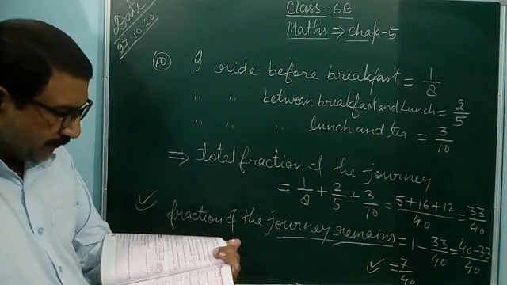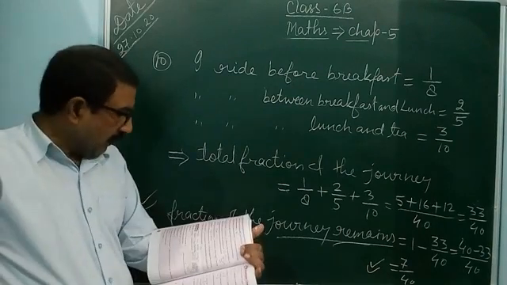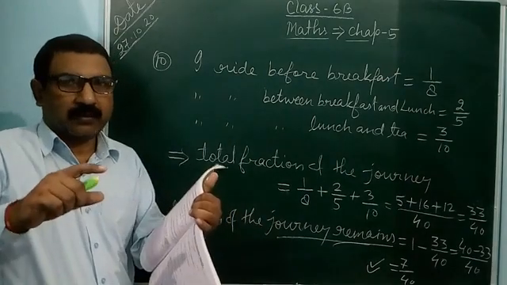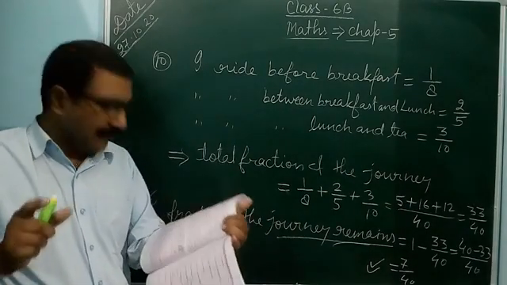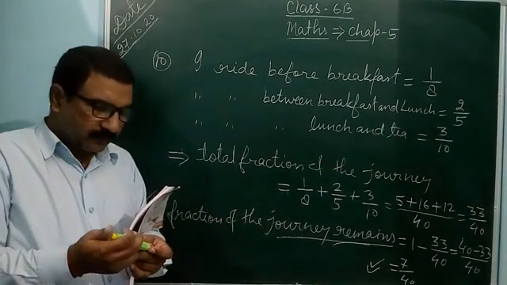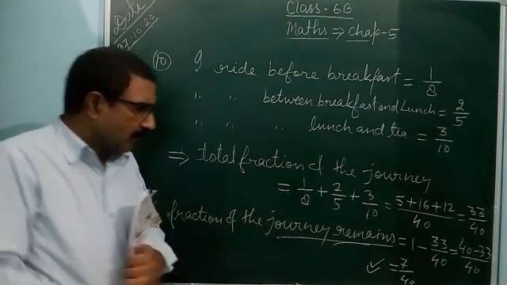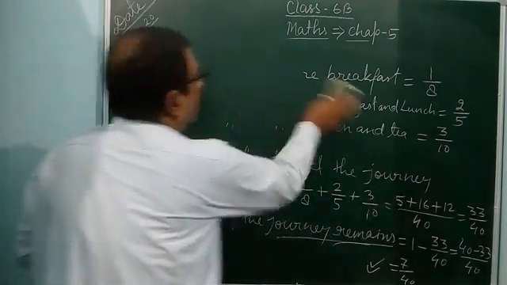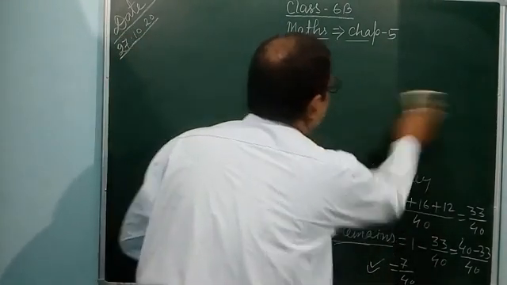After that, another question: if the whole distance of the journey is 80 kilometers, how much do I ride in each interval? In each interval, you can find out the answer.